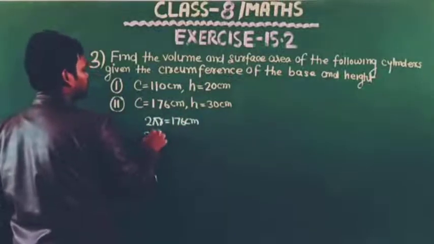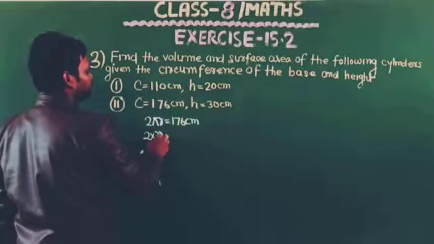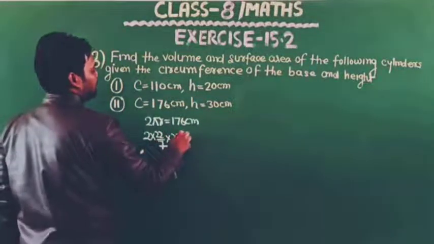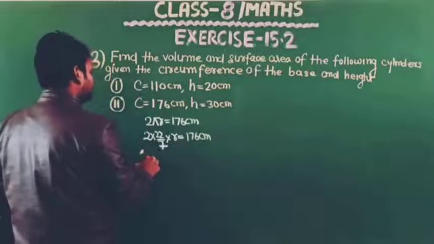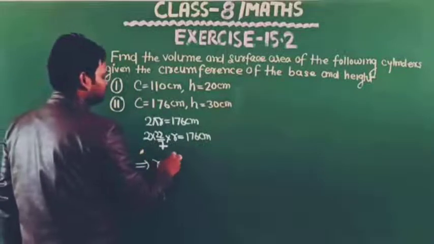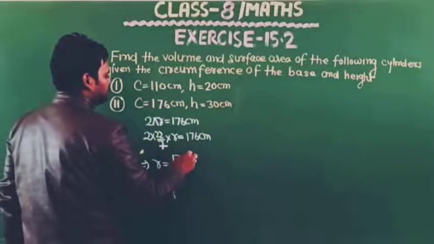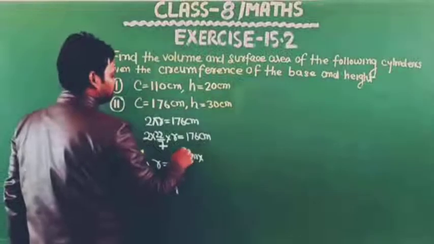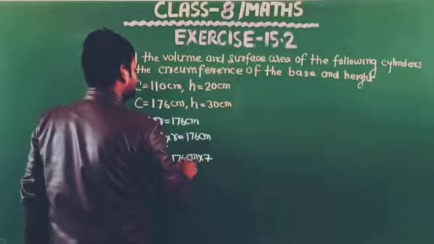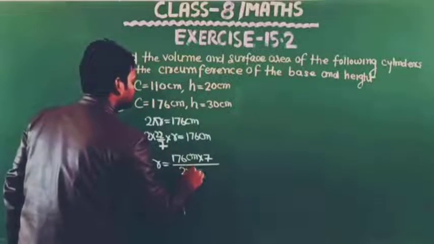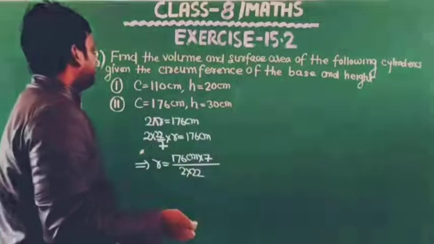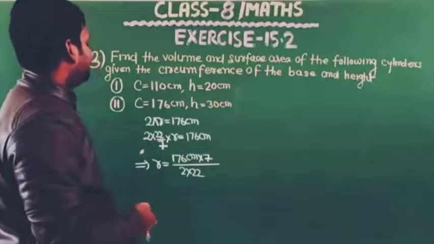So this is 2 into 22 by 7 into r equal to 176 centimeter. This implies radius r equal to 176 centimeter into 7 divided by 2 into 22.